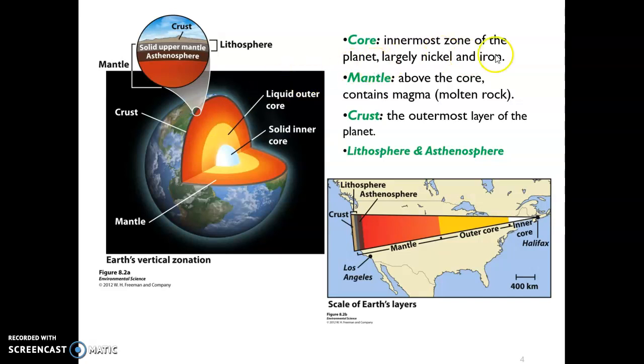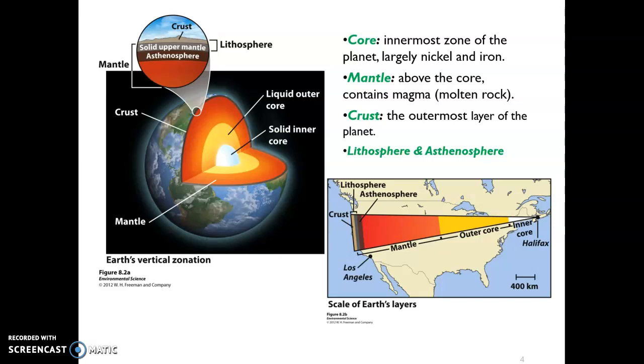So, looking at the vocabulary terms over here, the core is the innermost zone of the planet. It's made largely of nickel and iron, and it's a solid when it's in the middle, and it's a liquid when it's along the outer portion of the core. So why is there a liquid outer core and a solid inner core?